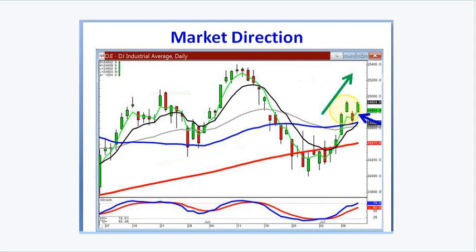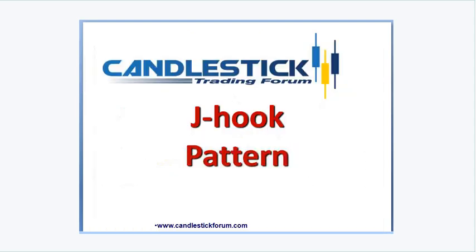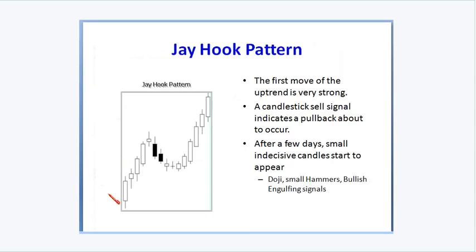Okay, so let's slip down here. If we can identify the different patterns, like the J-hook pattern, it's very easy to recognize. It has a very strong uptrend, pulls back indecisively, and then does a J-hook and heads up. And we know that this wave right here is usually the same magnitude as this wave right here.